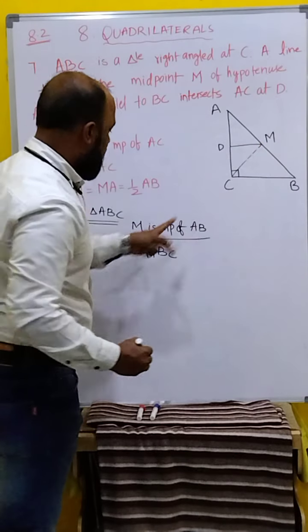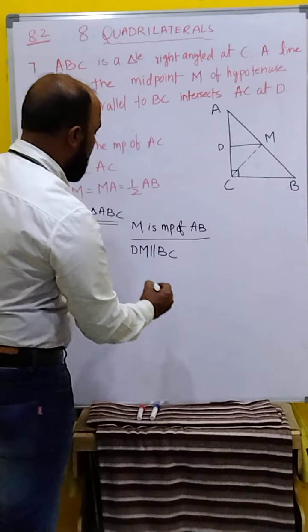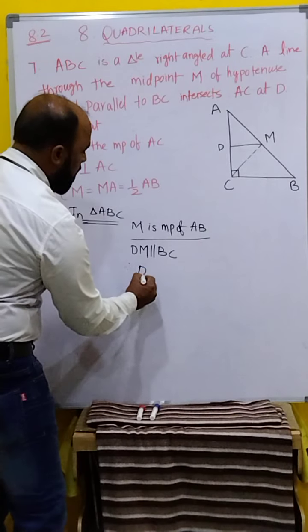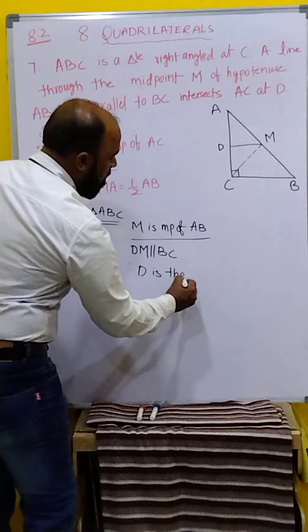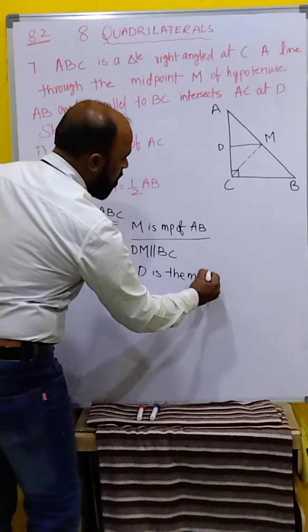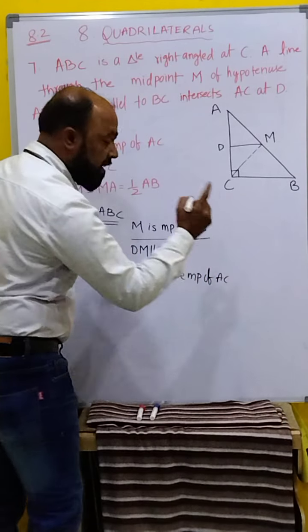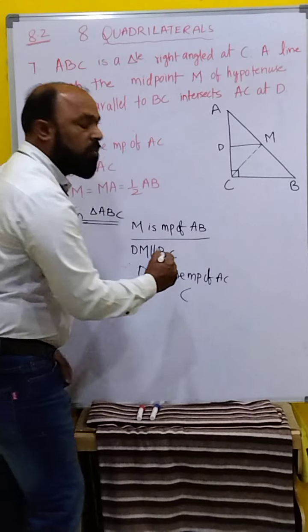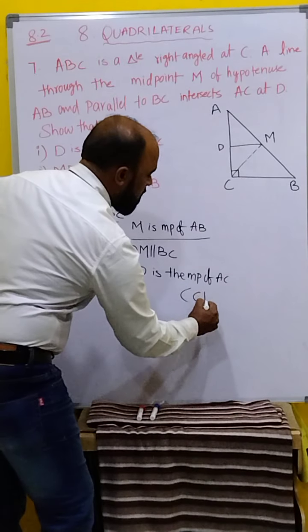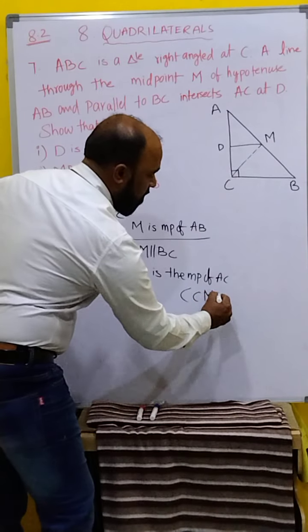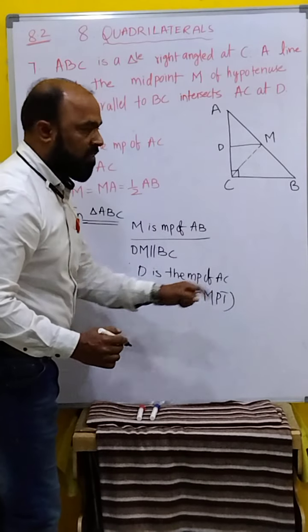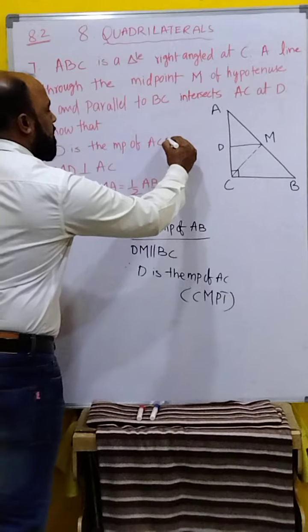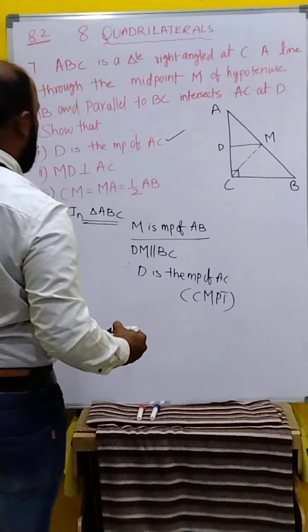M is the midpoint and DM is parallel to BC. Then therefore what do we have to write? D is the midpoint of AC. Reason is converse midpoint theorem. Okay? First one completed. Come to the second one.